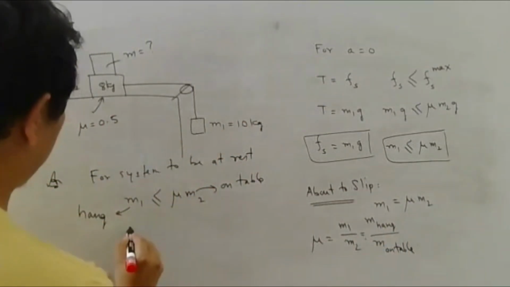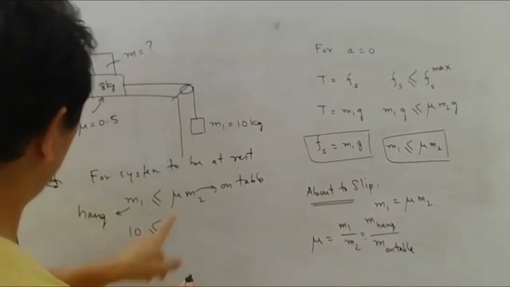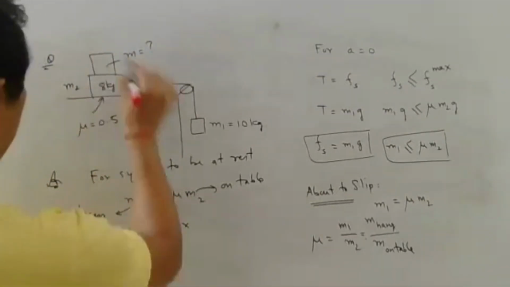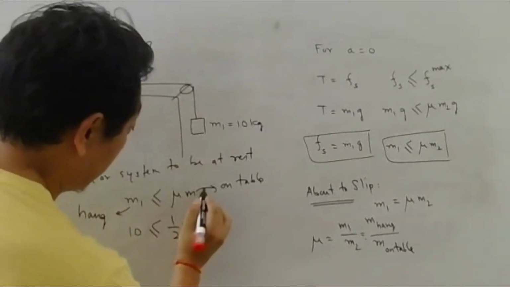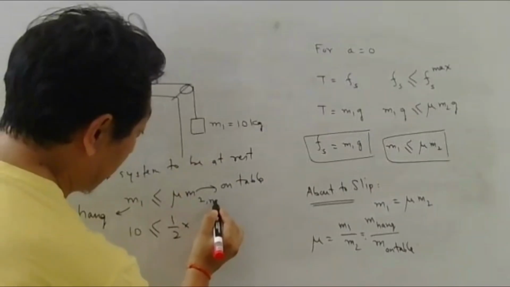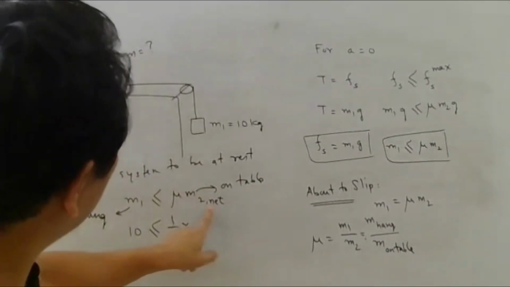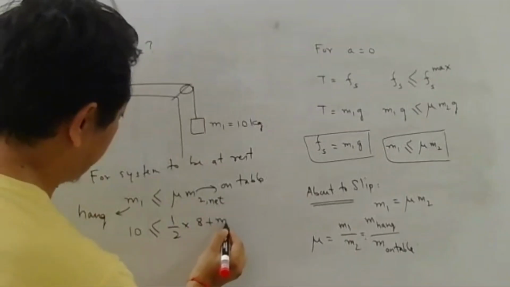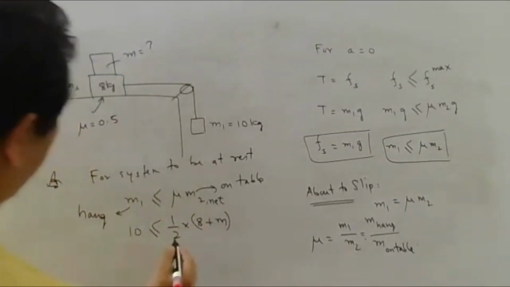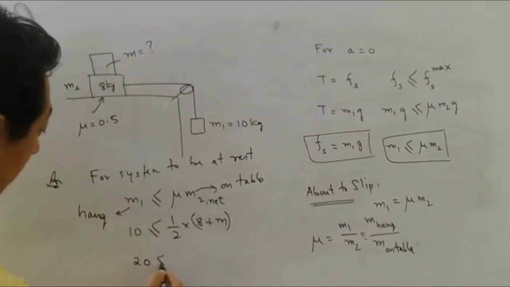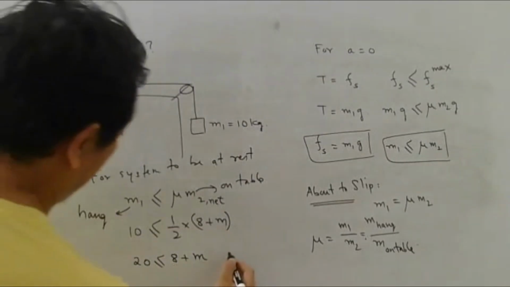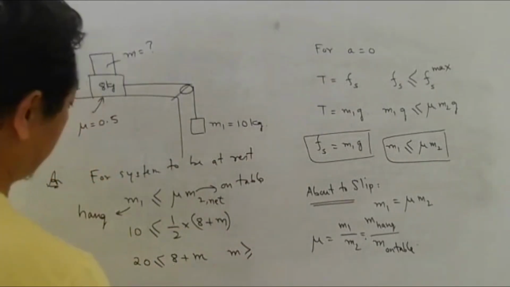So mass hanging is 10, mu is 0.5, half. M2, mass on the table, is how much? So M2 total, let me write. What is the net mass which is hanging here? 8 plus M. So if you cross multiply, 20 should be less than or equal to 8 plus M. So M should be greater than or equal to 12.